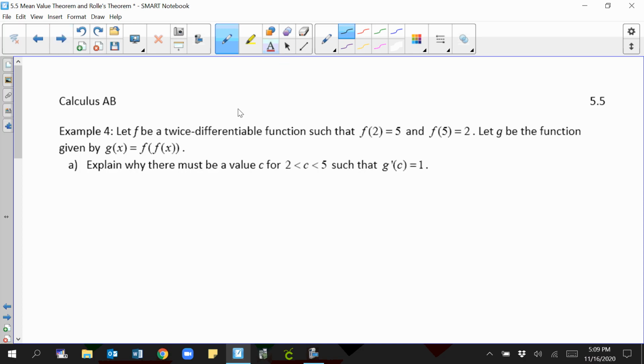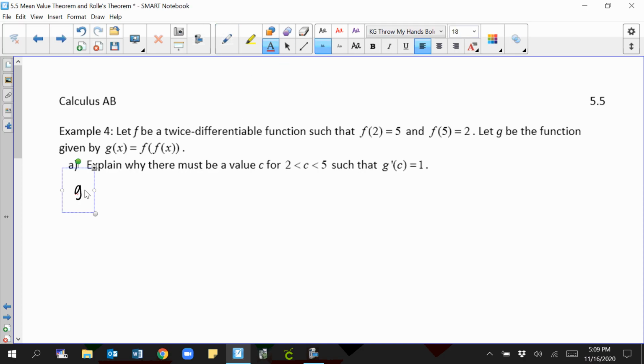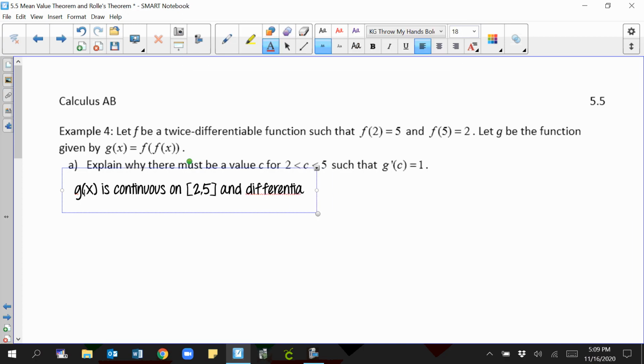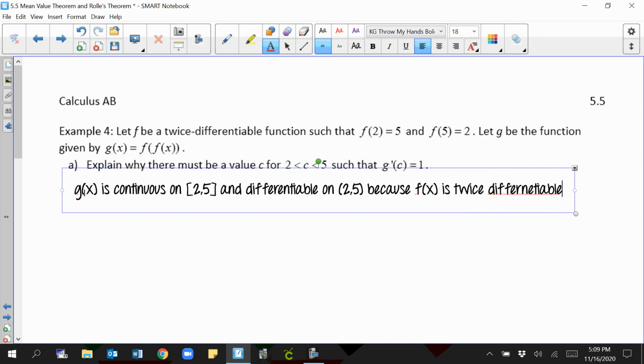So I'm going to go ahead and type that part out. g of x is continuous on our interval, and we're going from 2 to 5, so I'm going to say closed interval 2 to 5, and differentiable, I can't spell, on my open interval 2 to 5 because f of x is twice differentiable. I really can't spell. Differentiable.